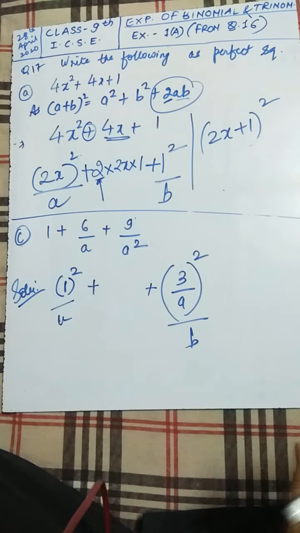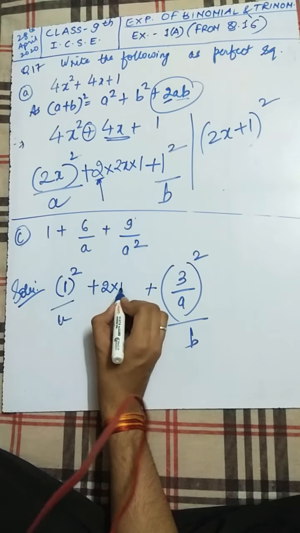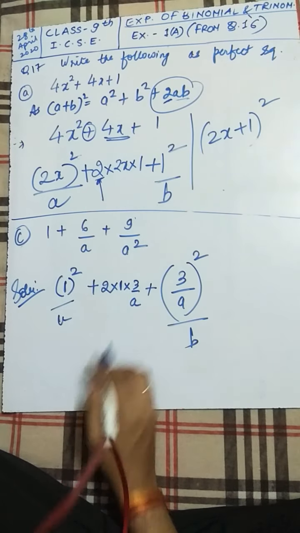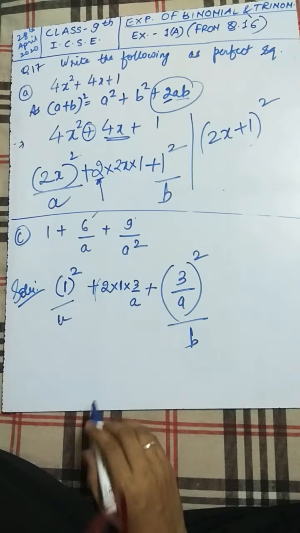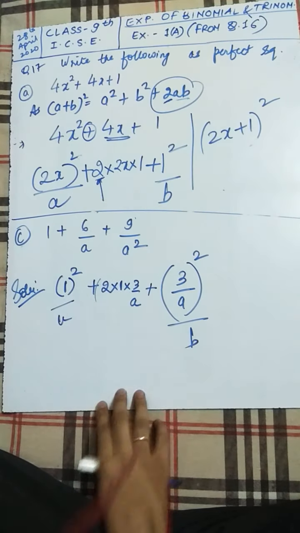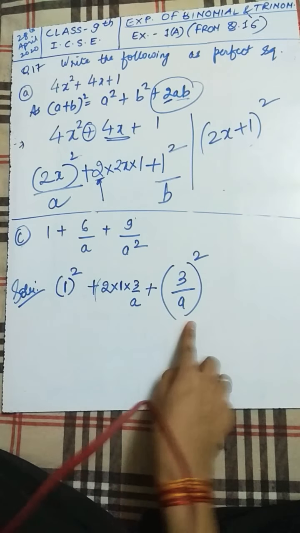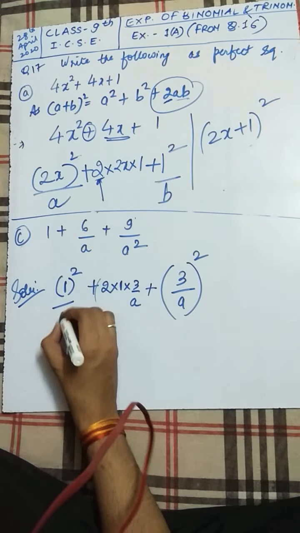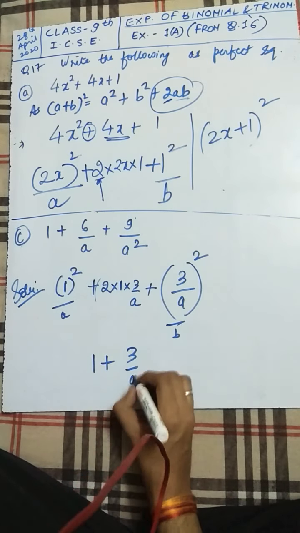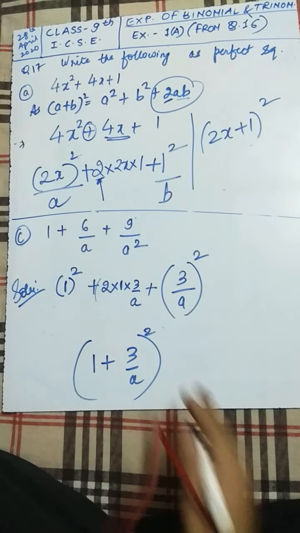You need a 2ab term. So 2 into a; if you consider a as 1, b will be 3 upon a. And when you multiply, you will get 6 upon a. How? 2 into 3 is 6 upon a. Understood? So from here we can write this is the identity. An identity of what? If this is A and if this is B, then it is 1 plus 3 upon a whole square identity.